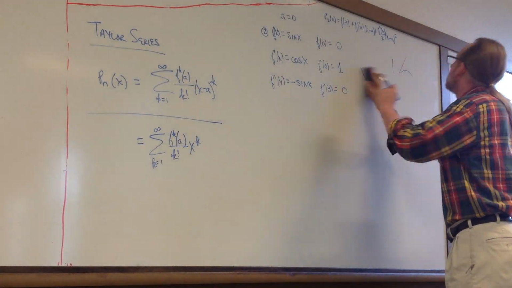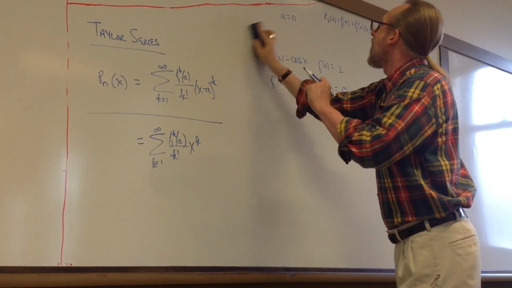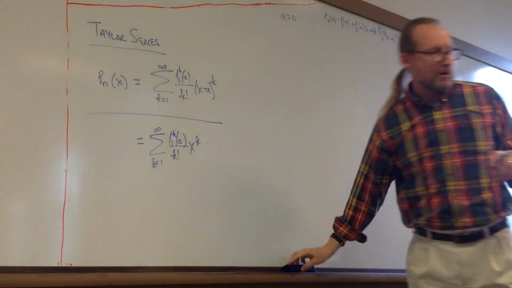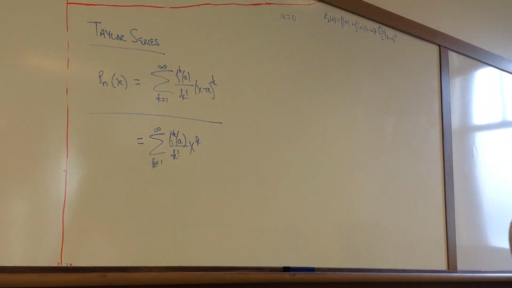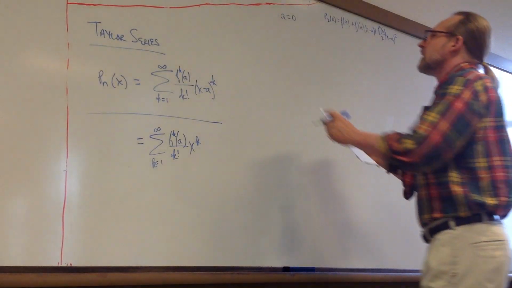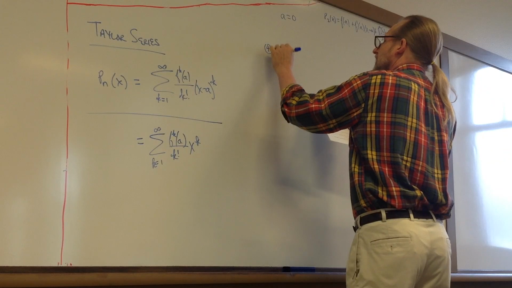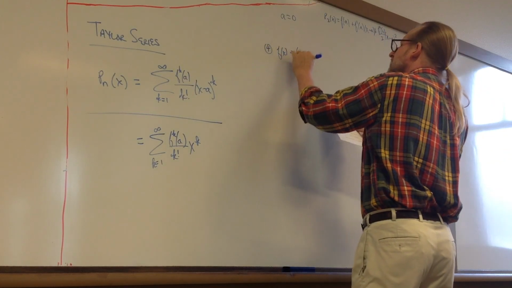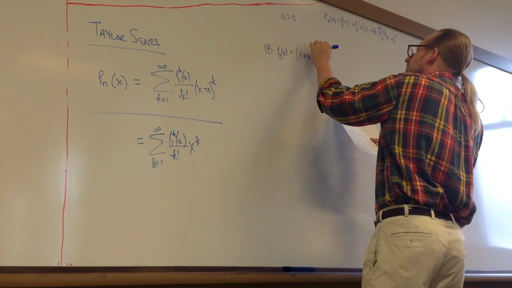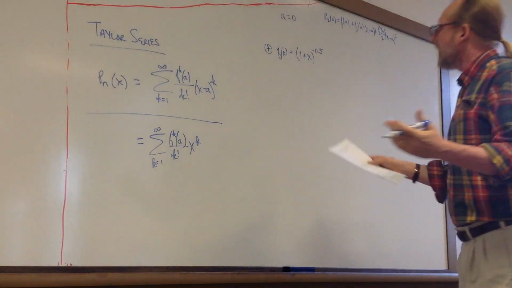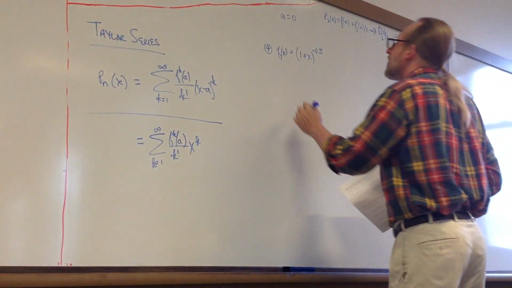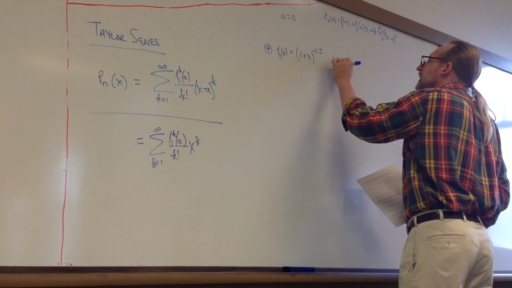Let's keep going here. Keep that a equals 0. Problem 4 is f of x equals 1 plus x to the negative 1/2 power. We can calculate f of 0.